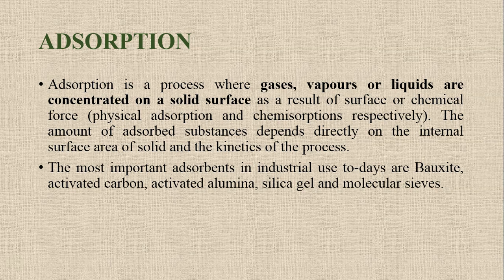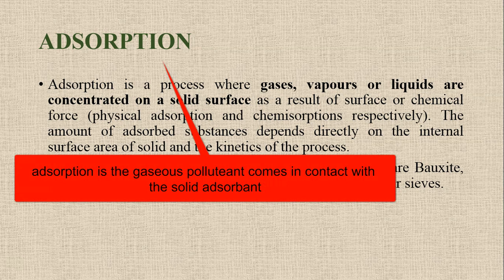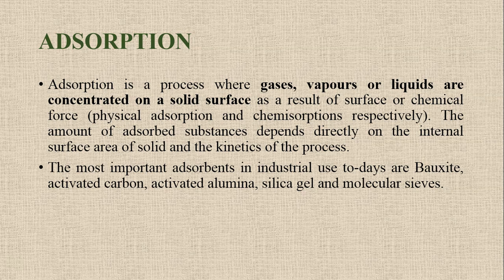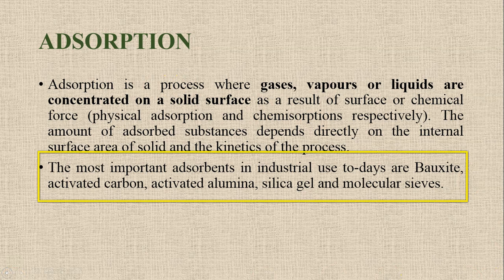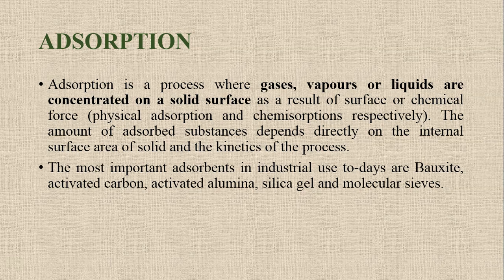So adsorption is nothing but the gaseous pollutants coming in contact with a solid adsorbent. The adsorbents can be bauxite, activated carbon, activated alumina, silica gel and molecular sieves. It depends upon what type of contaminant is to be removed. Depending upon that, the adsorbent will be chosen.